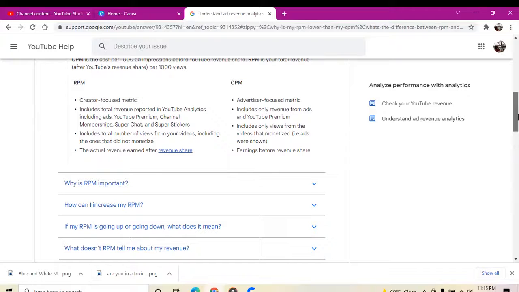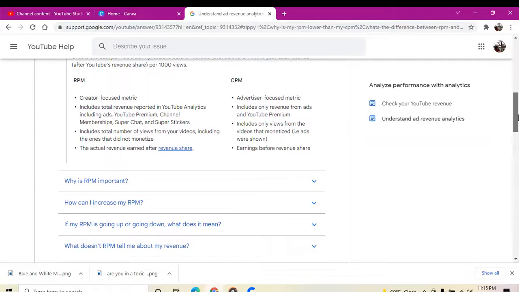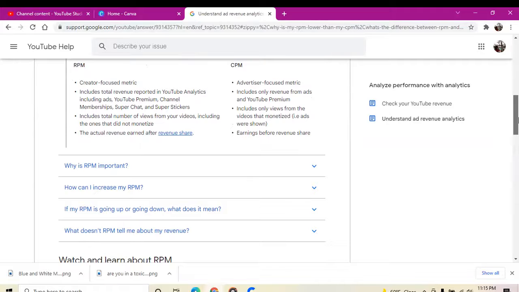So RPM is more of a creator-focused metric, and this includes total revenue reported in YouTube analytics, including your ads, YouTube Premium, channel memberships, Super Chats, and this includes the total number of views from your videos, including the ones that did not monetize. And this is the actual revenue earned after revenue share.